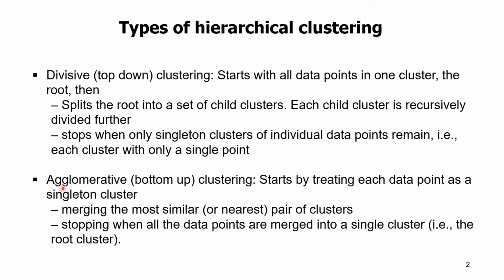Agglomerative clustering is going the other way. It begins at the bottom and goes all the way up to the top. So it's a bottom-up approach. In the beginning, you assume each data point is a singleton cluster. So each data point becomes a single cluster. And then you keep merging the most similar, nearest clusters.